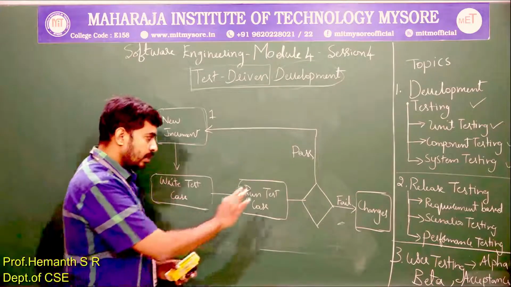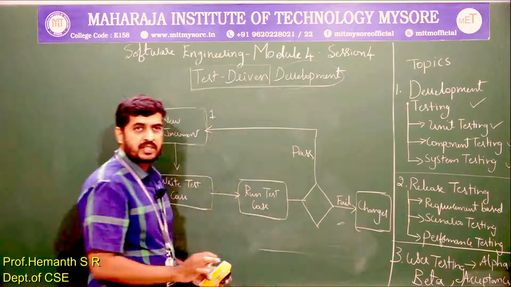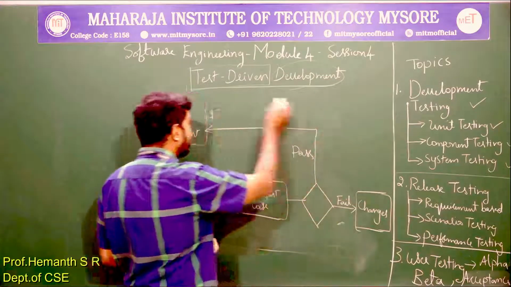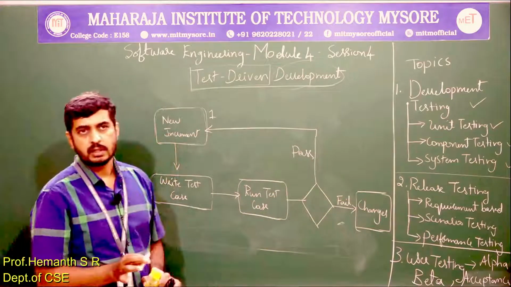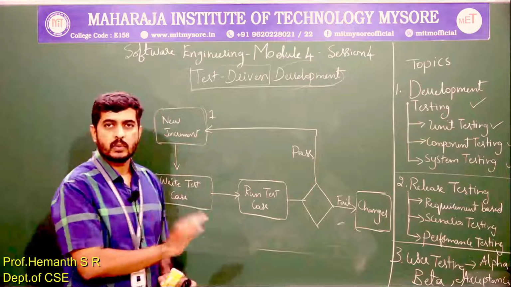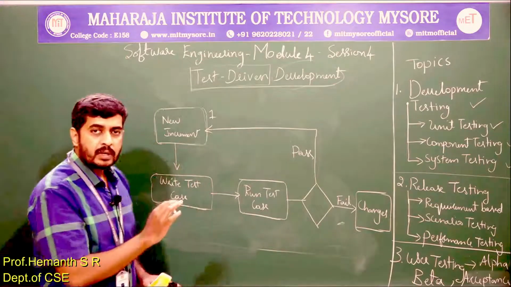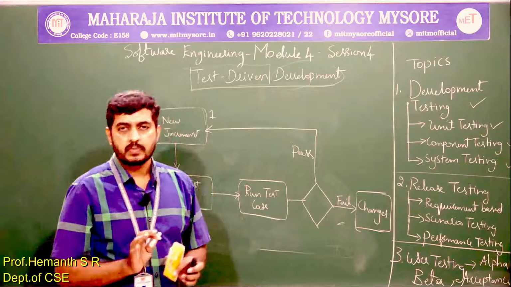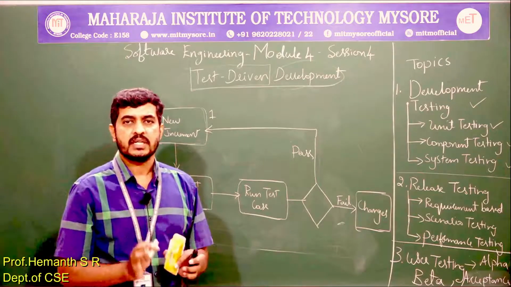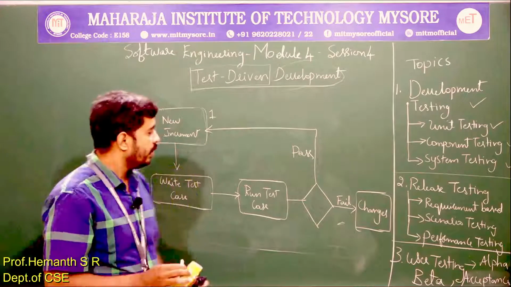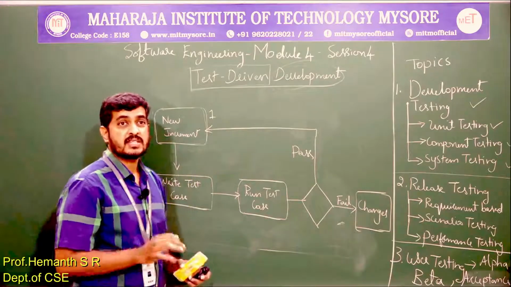Now once done with the changes, shall I directly go to the new functionality? No, definitely not. After doing the changes, I need to check whether the increment is behaving as per the expectation, whether it is giving the expected outcome. So I need to test it once again.